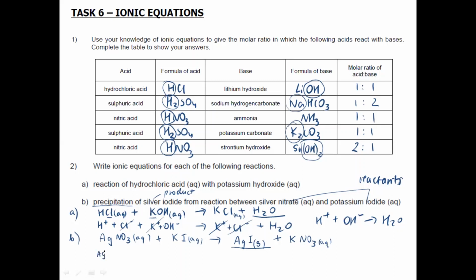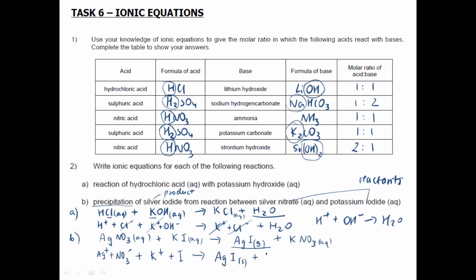So I'm going to have Ag plus, NO3 minus plus K plus I minus, arrow. That stays because that's your precipitate. I keep the state symbol so that I remember for myself not to split it into ions, okay?